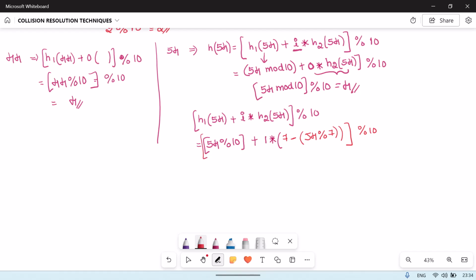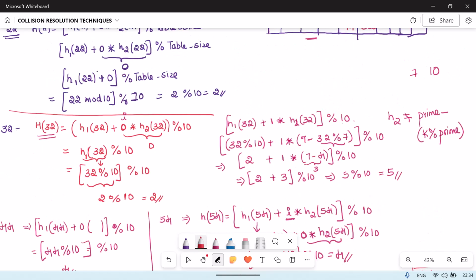So 54 mod 10 is 4 plus this part, 54 mod 7. 54 is 7 times 7, 49, so this will become 5.